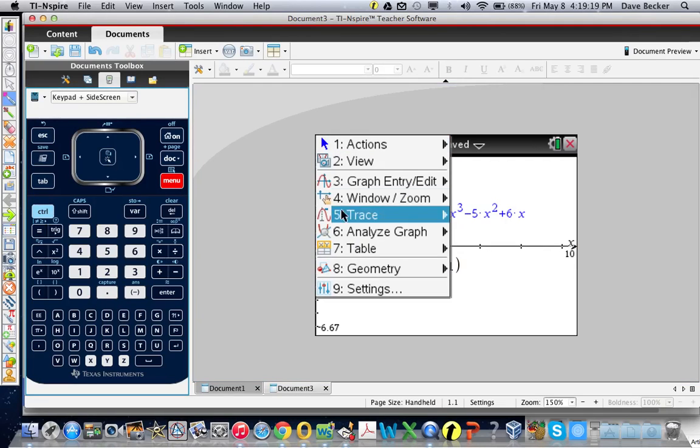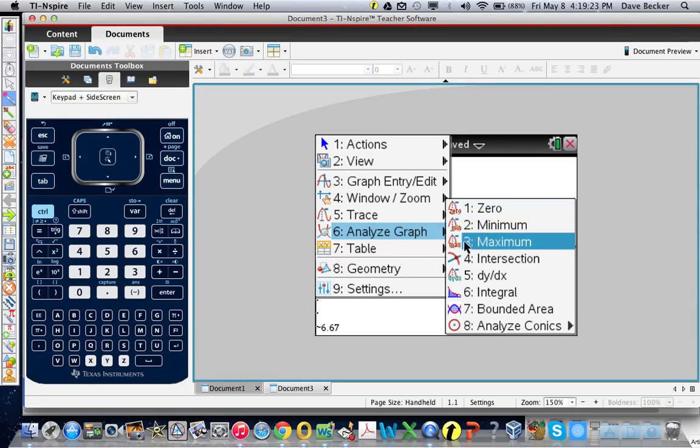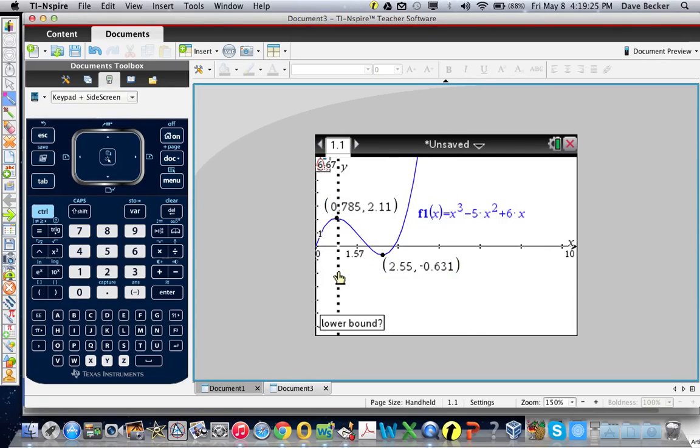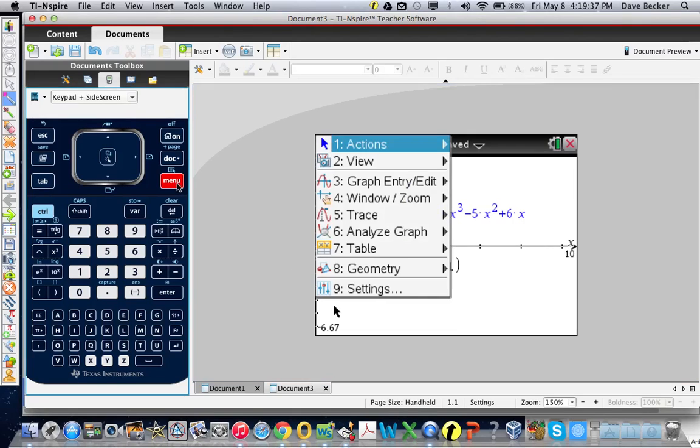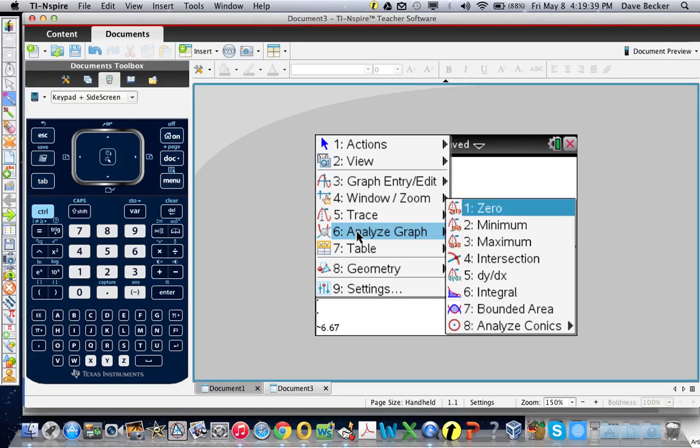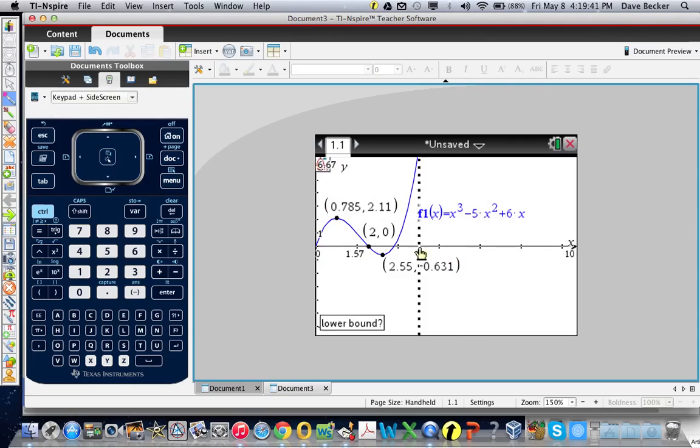Menu, analyze graph, zero. Okay, get that out of the way. Oh, we got to get that other one. Menu, analyze graph, zero, over here. All right, so there we go.